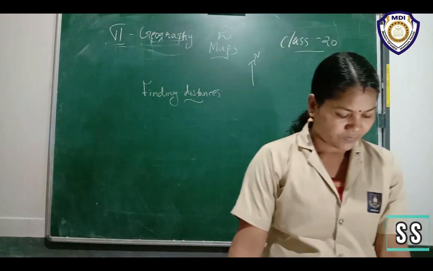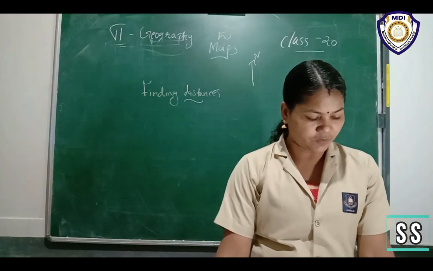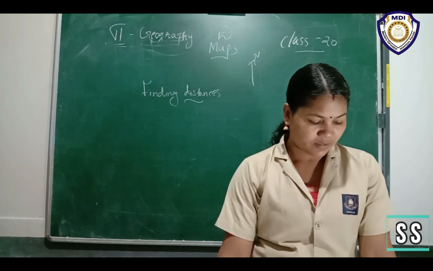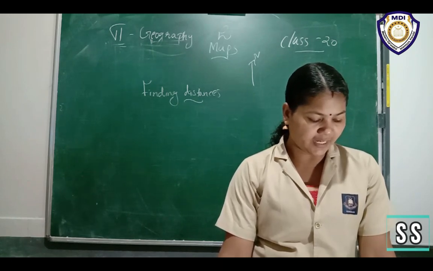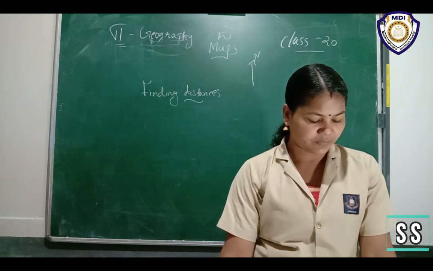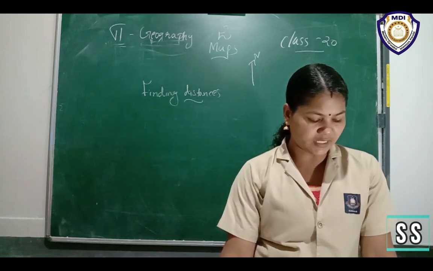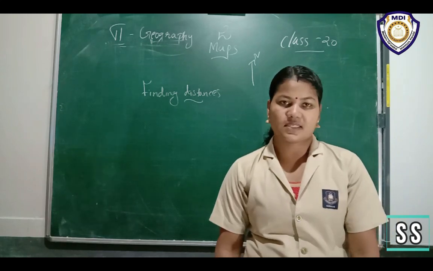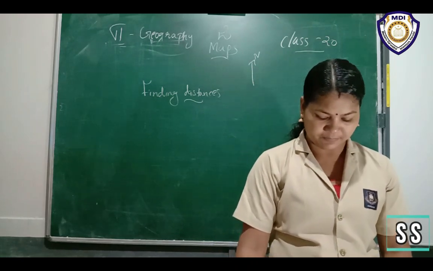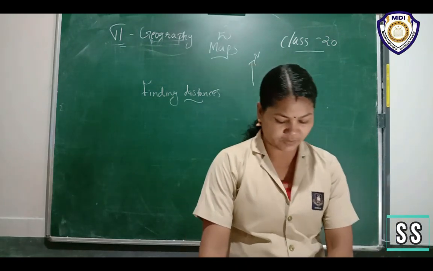You can use the scale of a map to find the distance between any two points on it. Say you want to find the actual ground distance between the clock tower and the temple. First measure the distance between D and E using your ruler. In the previous page there is one example we already discussed: a map showing part of a town.